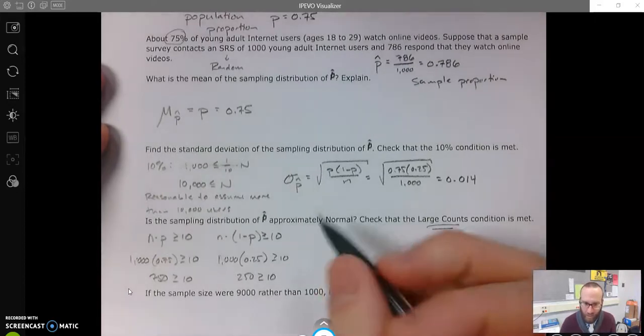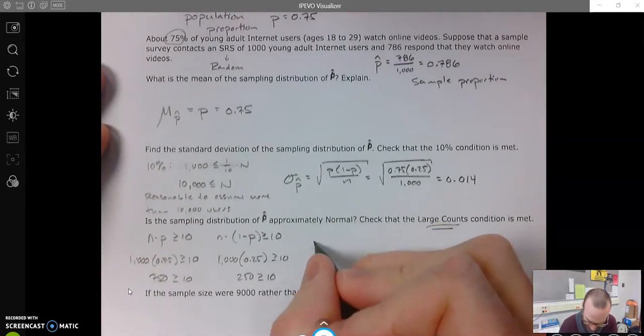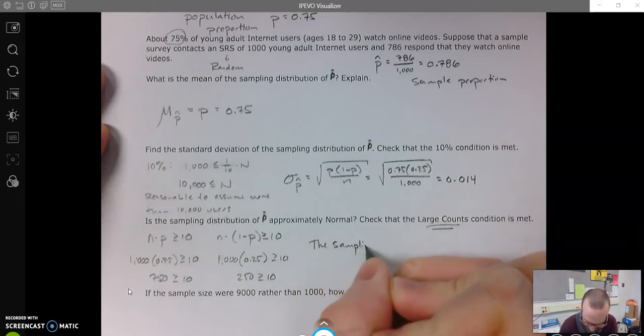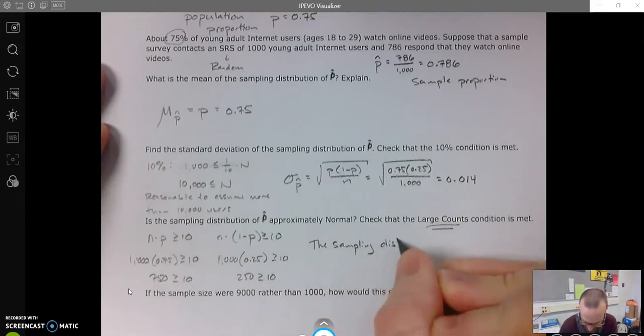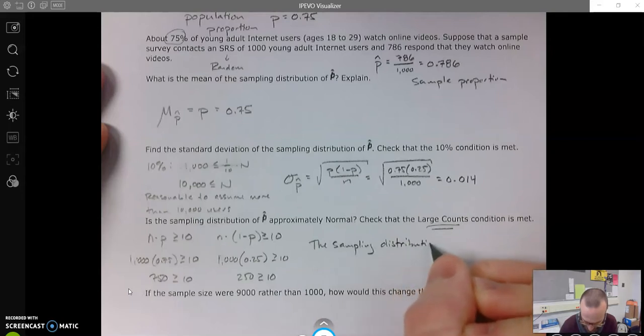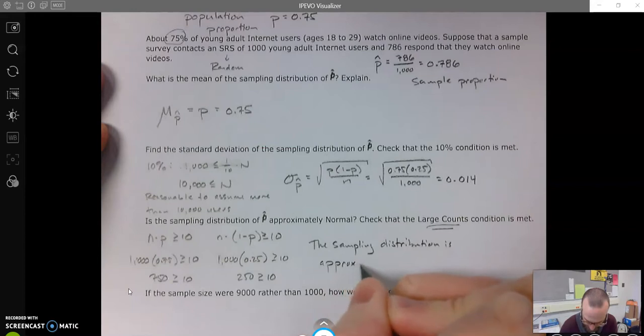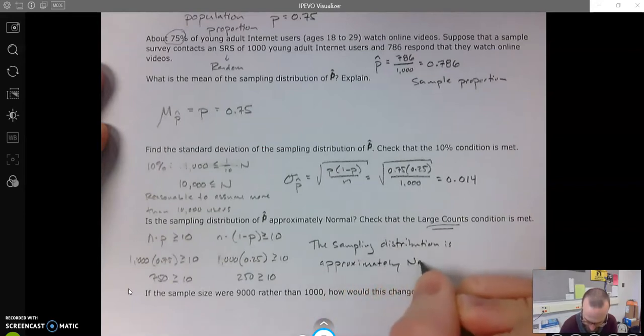So since that's met, the sampling distribution is approximately normal.